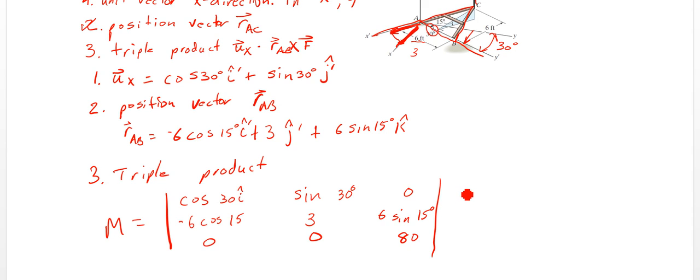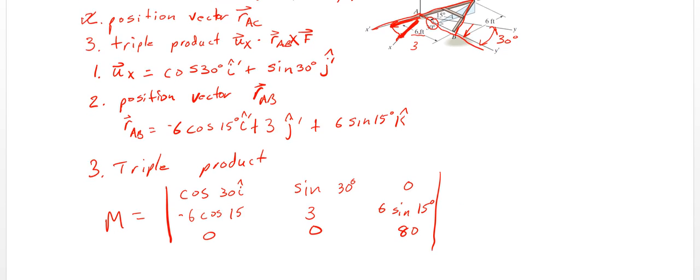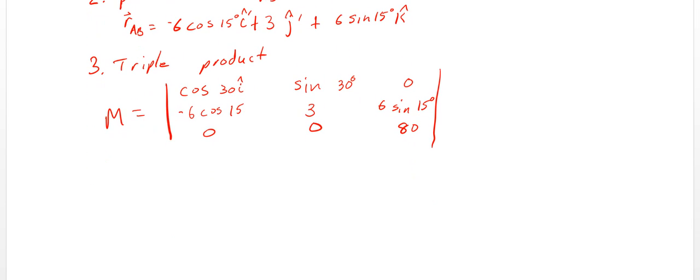For convenience, I'll change this over to decimal numbers. Cosine of 30 is 0.866.